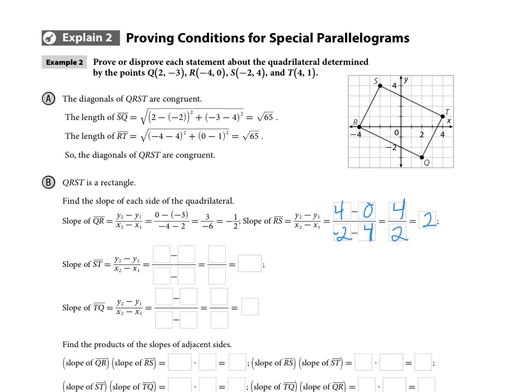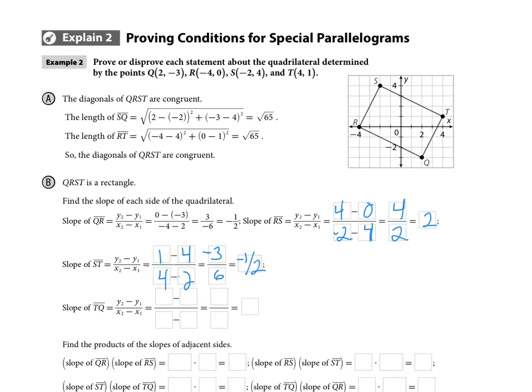For the slope of ST, we're going to have 1 minus 4 over 4 minus -2, and we're going to get -3 over 6, or -1/2.